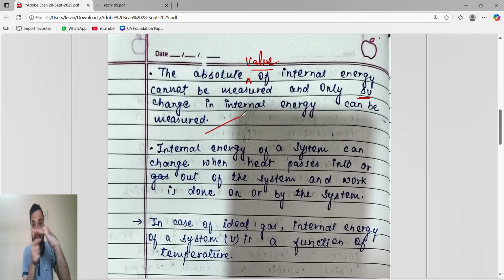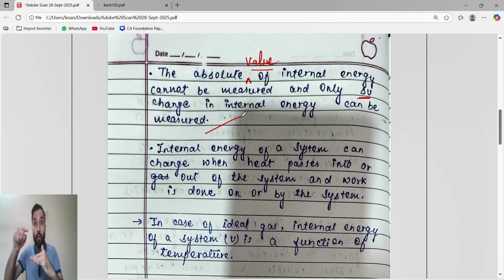Because internal energy will keep on changing based upon the movement of particles and based upon the interaction of particles. So it will not be an absolute value of internal energy, it will be change in internal energy, because internal energy keeps on changing. Suppose I am applying work. So what is happening? It is compression, the volume is decreasing, right?